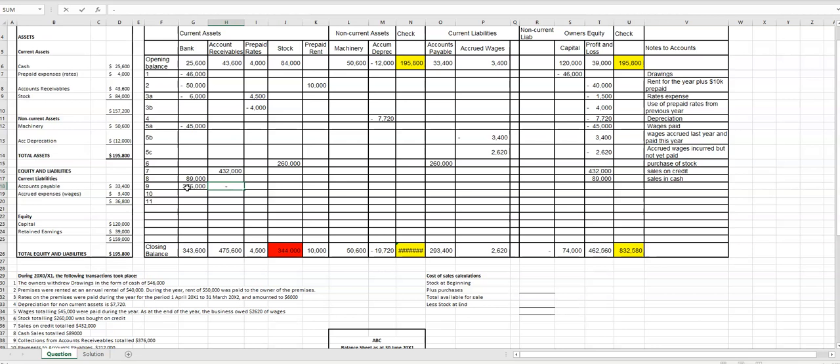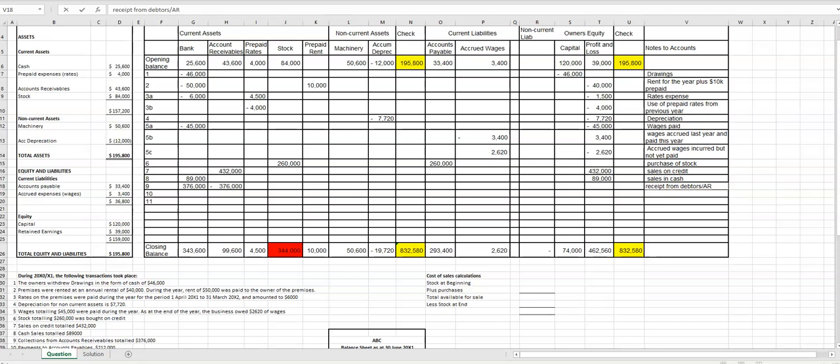And so that means we need to reduce the accounts receivable account by the same amount. And the notation is going to be something like maybe a receipt from debtors. Or you could put from AR, meaning accounts receivable.